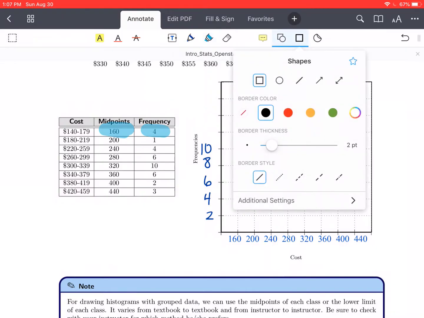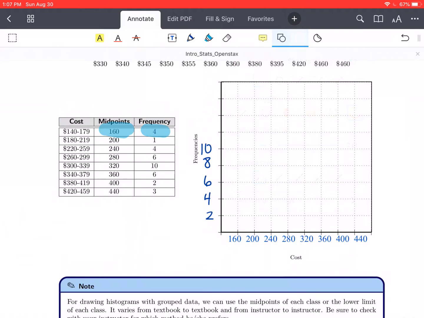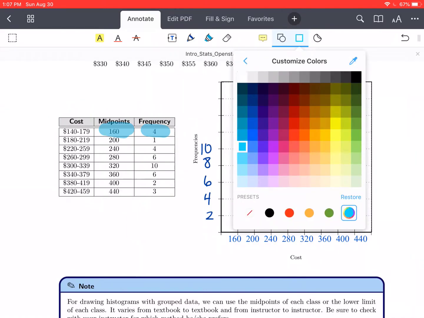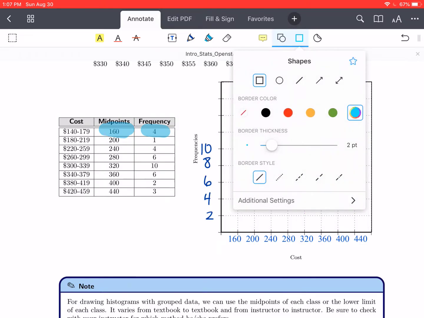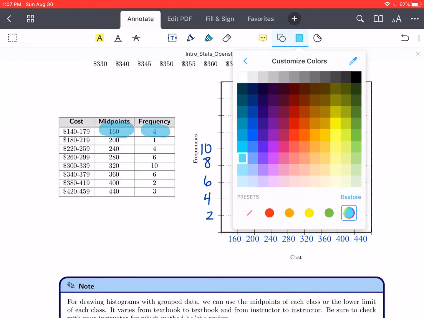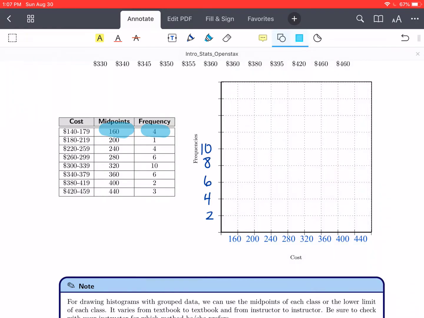Okay, so let me actually make this blue, and let's fill it in blue as well. Okay, so height of 4, centered around 160.